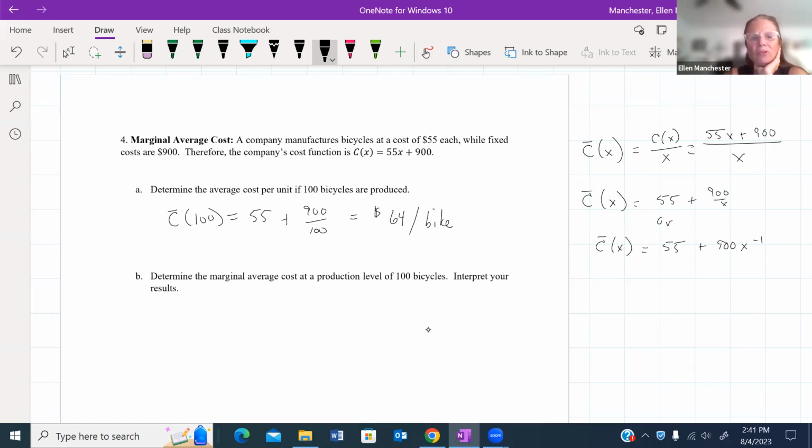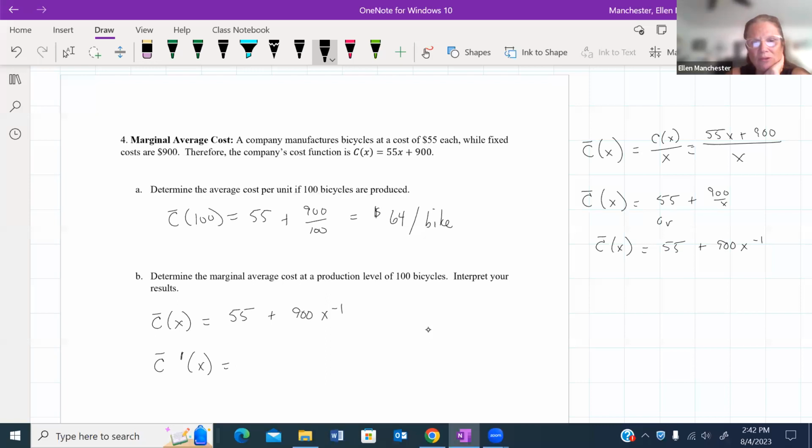To find the marginal average, you take the average cost and then you find the derivative of that. Notice, to find the derivative, I had to bring that x on the bottom to the numerator. Otherwise, I can't use the power rule. 55 is a constant, so that goes to 0. Then I come over here and use my power rule.